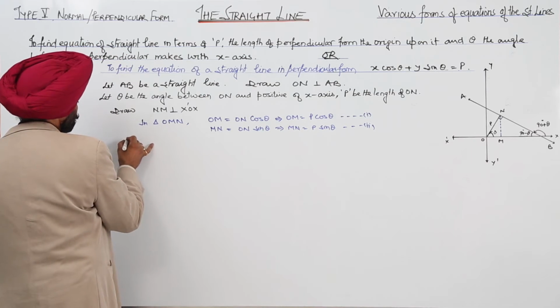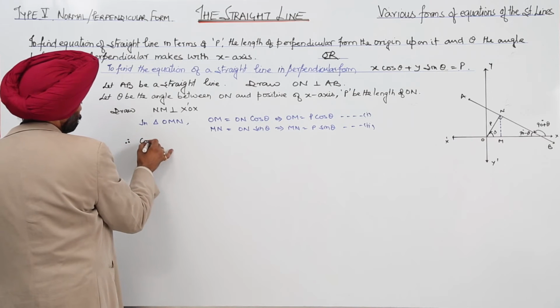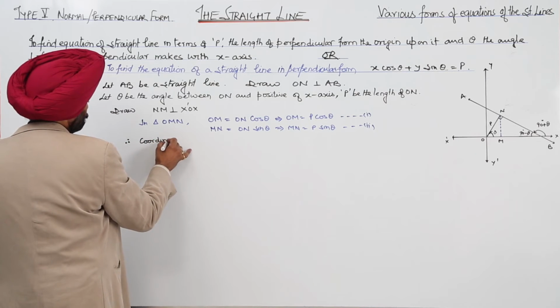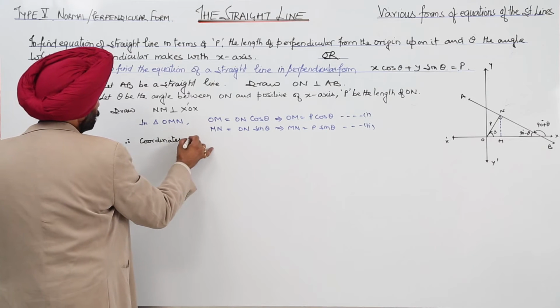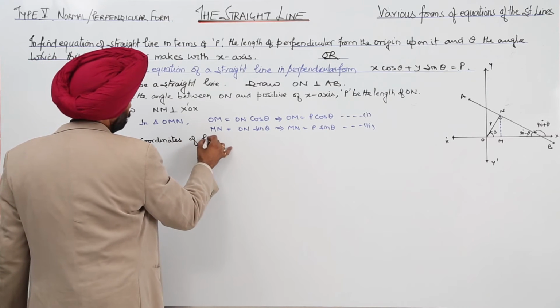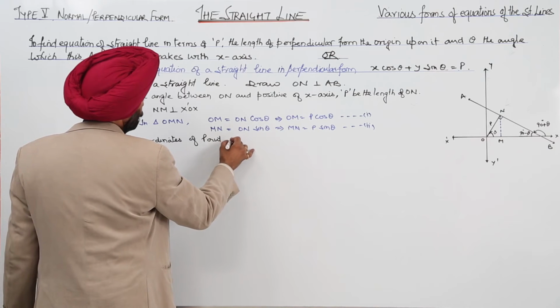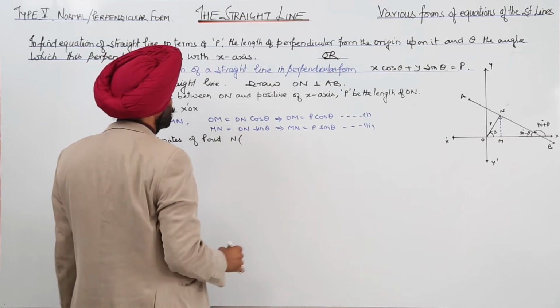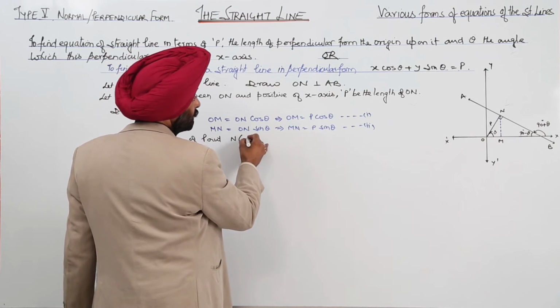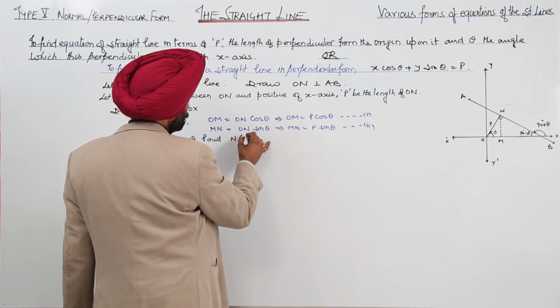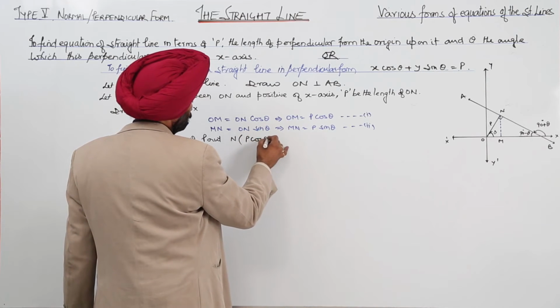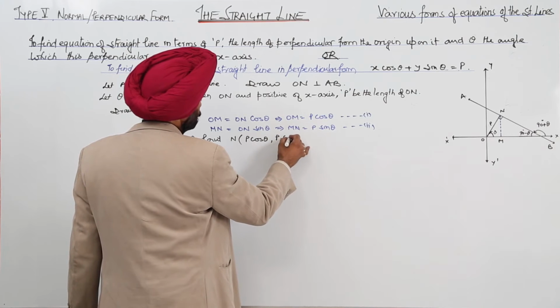Therefore the coordinates of point N are P cos theta, P sin theta.